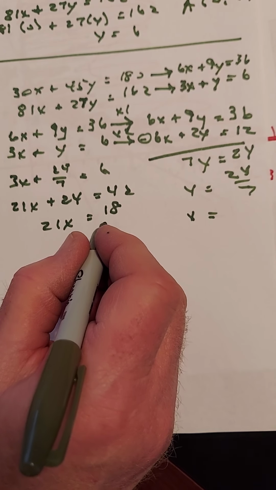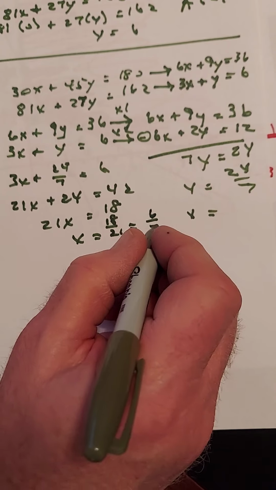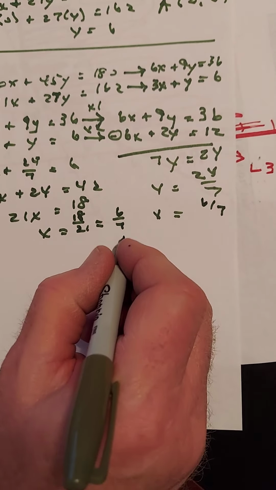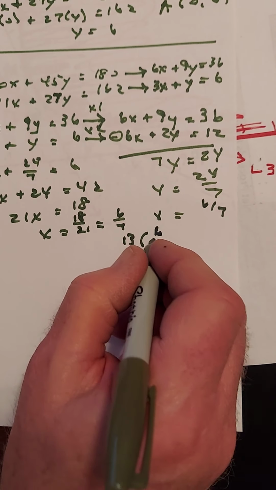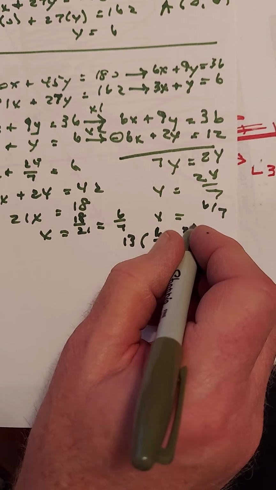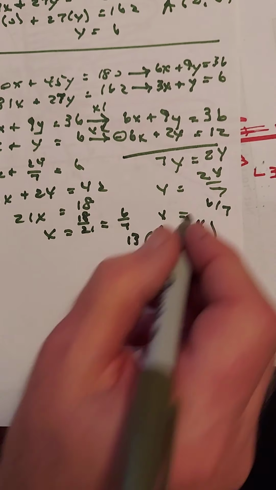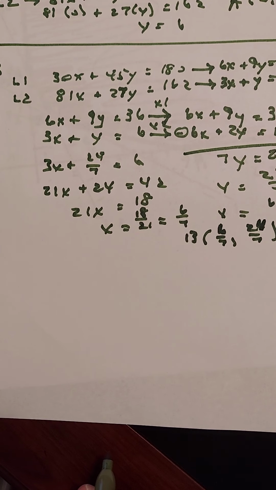X will be equal to 18 over 21, which is 6/7. So that tells us point B is 6 over 7, comma, 24 over 7. You got to make sure you put them in the right place. I almost put them backwards. That's point B. That's an odd one.